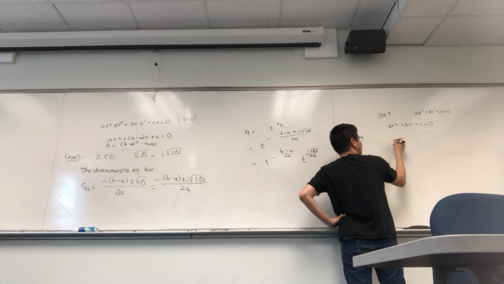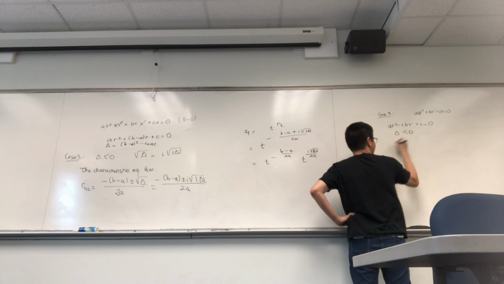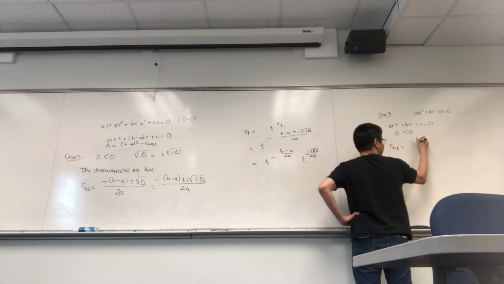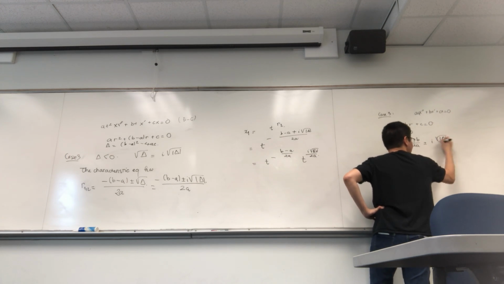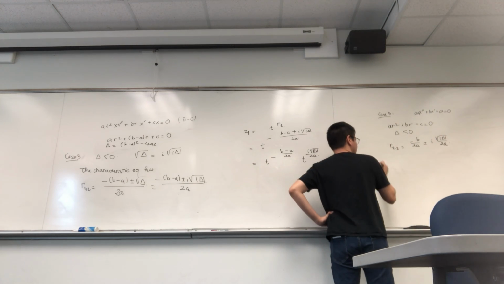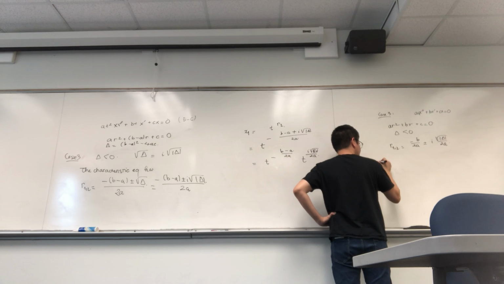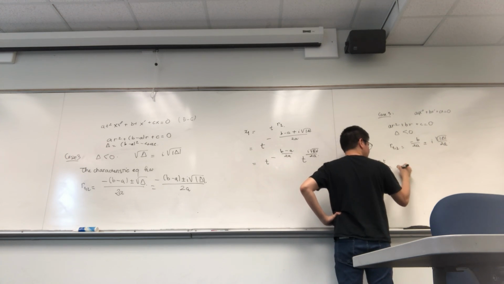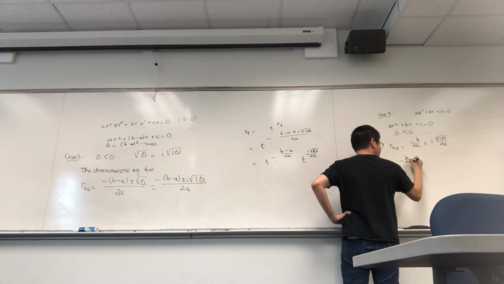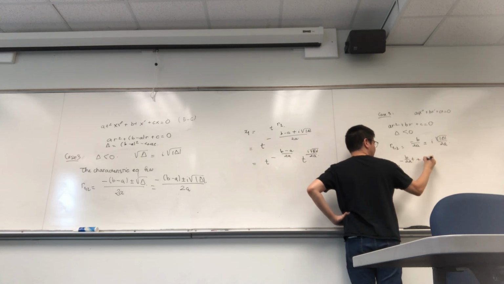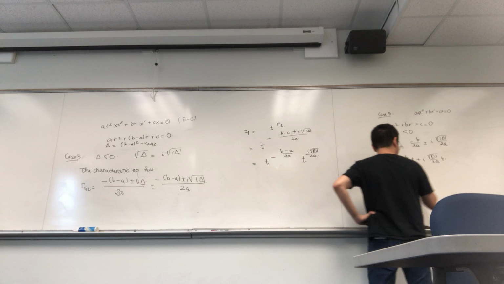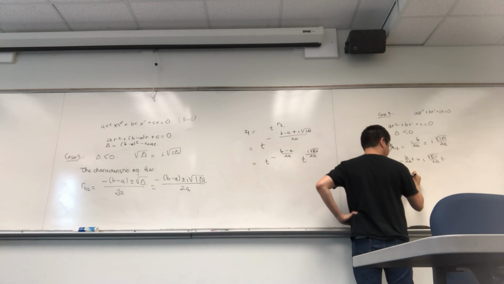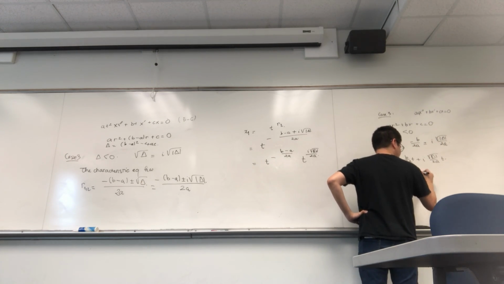And then the delta is negative, so you also have 2 roots: minus b over 2a plus or minus i square root of delta over 2a. So when you take e to the r1 t, this gives you e to the power minus b over 2a t plus i square root of delta over 2a t. The first one gives you e to the power minus b over 2a t, and the second one gives you this other term.